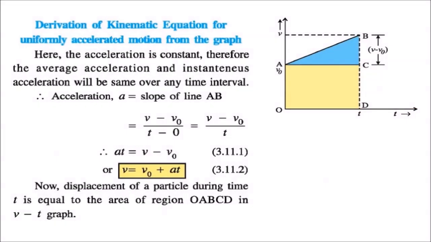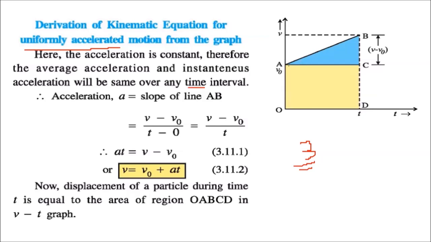The derivation of the kinematic equations for uniformly accelerated motion from the graph is very important, because three equations are going to come from this. If you are preparing for competitive exams, these equations are very important. Because we are talking about uniformly accelerated motion, the acceleration is constant, so the average acceleration and the instantaneous acceleration over a certain period of time will be the same.